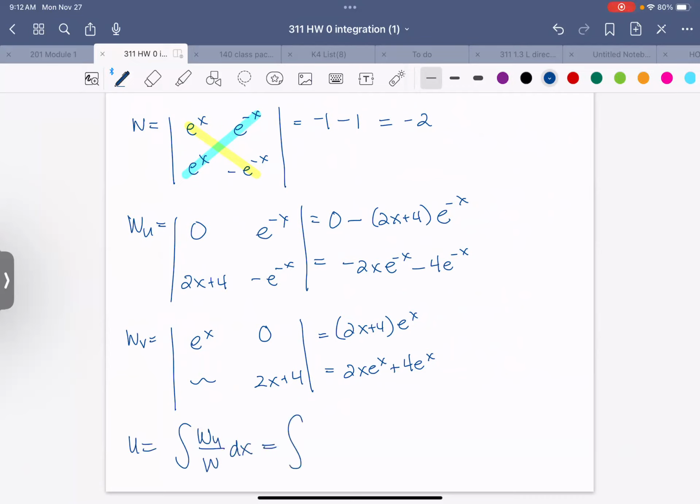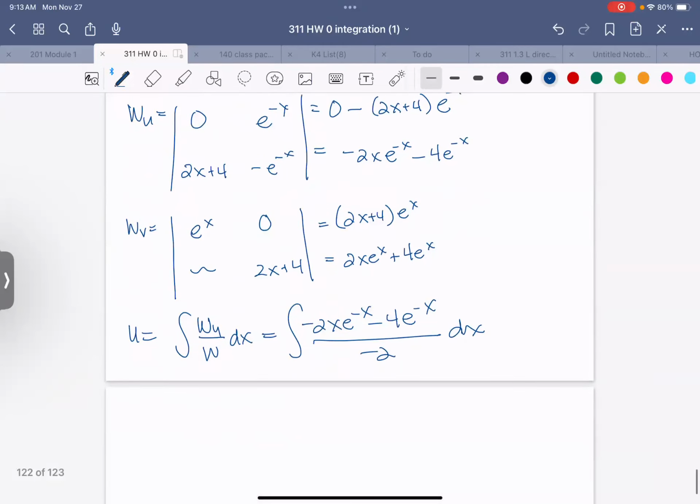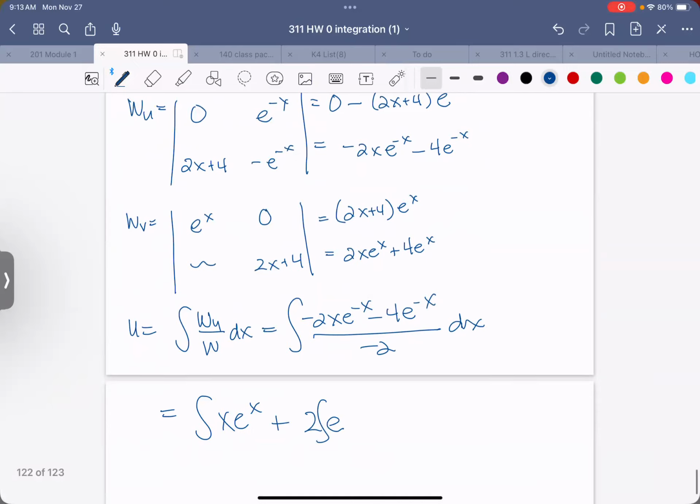So that's the integral of negative 2x e to the minus x minus 4e to the minus x all over negative 2. That's going to give us just the integral of x e to the x plus 2 times the integral of e, it should be minus x dx.